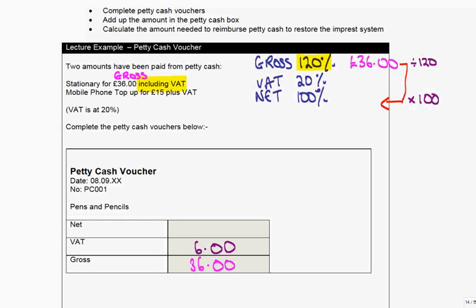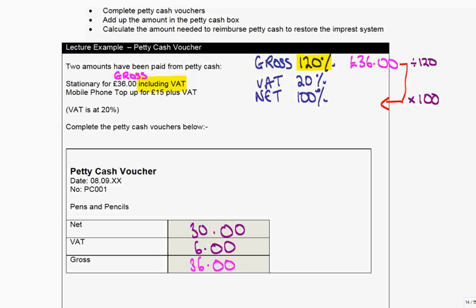So I'm going to times 100. So this time take 36, divide by 120, times by 100, and that will get you the net figure of £30. So when I'm going from gross down to VAT or down to the net figure, that's the technique that I tend to use.